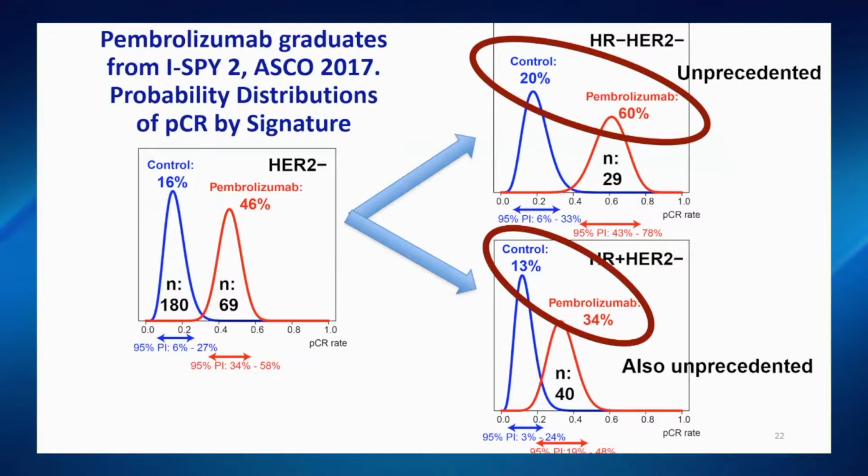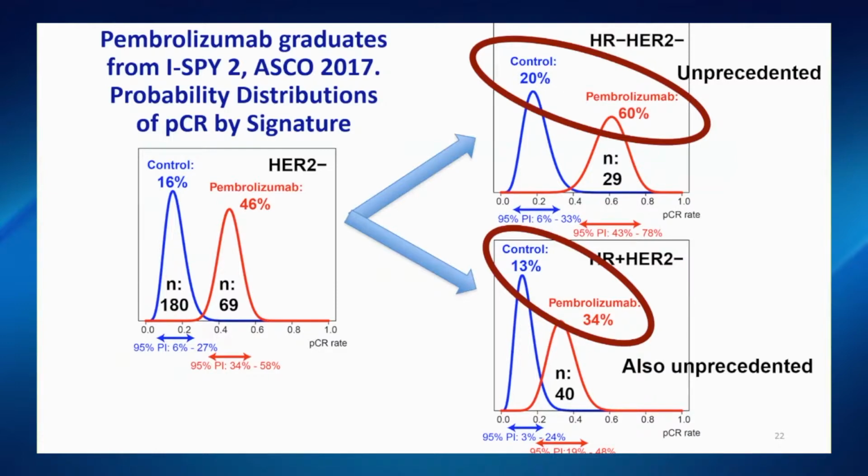The tumors were melting away under pembro. And the probability distribution associated with pembro was not this nice squeeze thing. It was quite wide, but it was still such that it was almost impossible that it would not be better than control in triple negative.